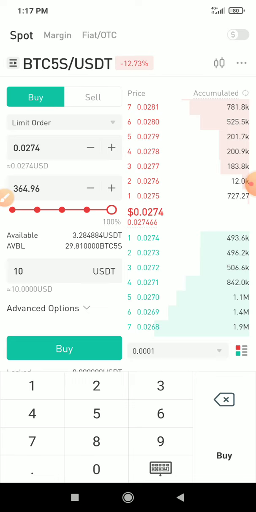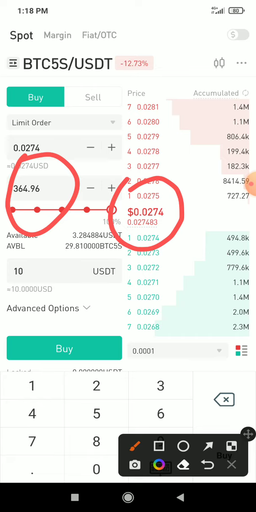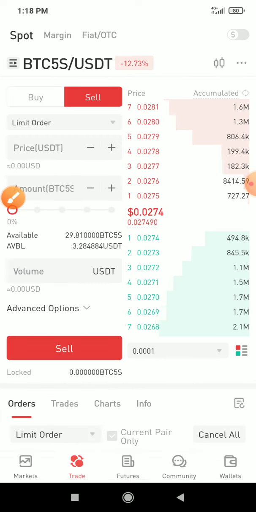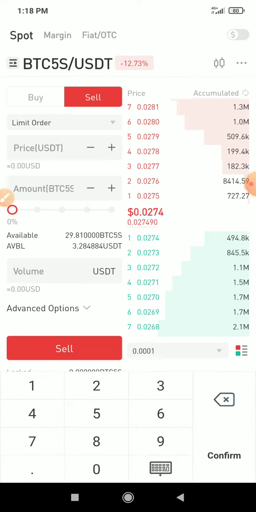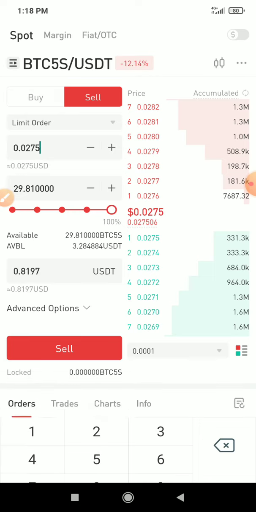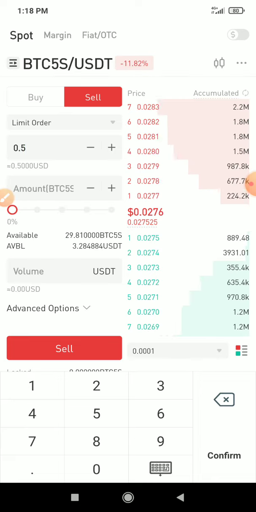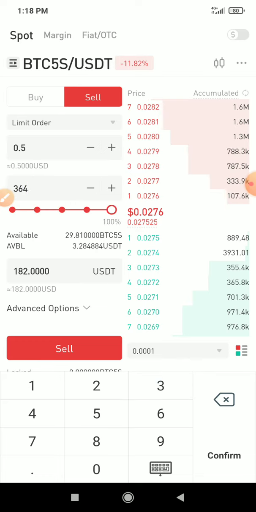At this price, we get 364. Now, if the price goes down, then our ETF price changes. Suppose we have 364, purchased with 10 USDT, and the price goes to only 0.5, and we hold 364 BTC bonds.